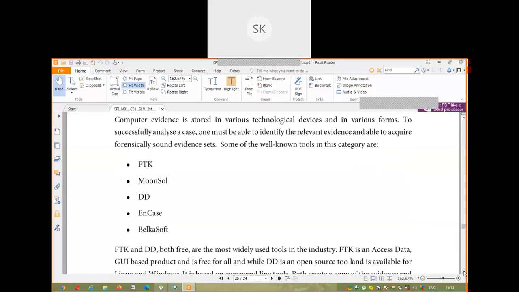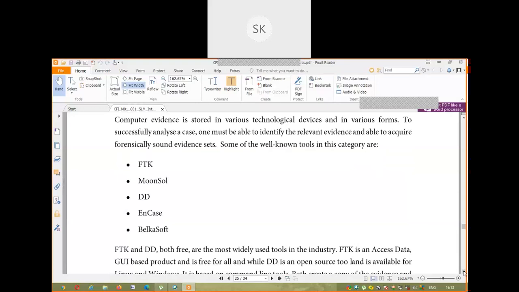You have to remember what the acquisition tools for computer forensics are. So FTK and DD, both free, are the most widely used tools in the industry. That means the first one and the third one are the most used tools for acquisition of data evidence.